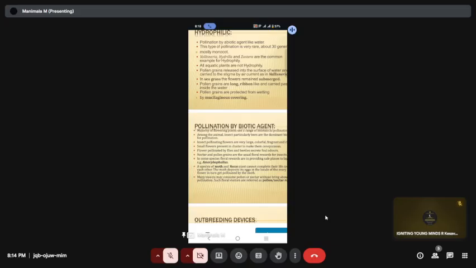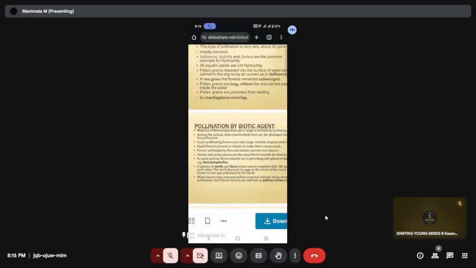From the pistillate flower, we know that at the time of pollination, the thin, long, slender stalk, that is the style, will come out. If a male flower is floating over the water, it will go close to it and the anther will strike and expose the stigma. Okay, the anther strikes the stigma and the anther is exposed.